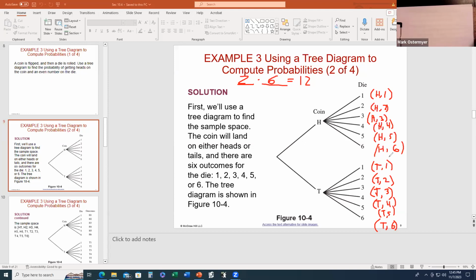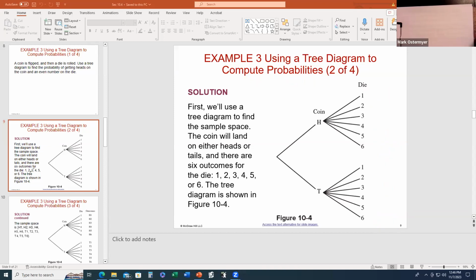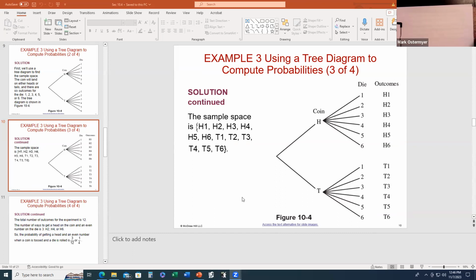And there are 12 outcomes here. And there you go. That would be the sample space consisting of those 12 outcomes.